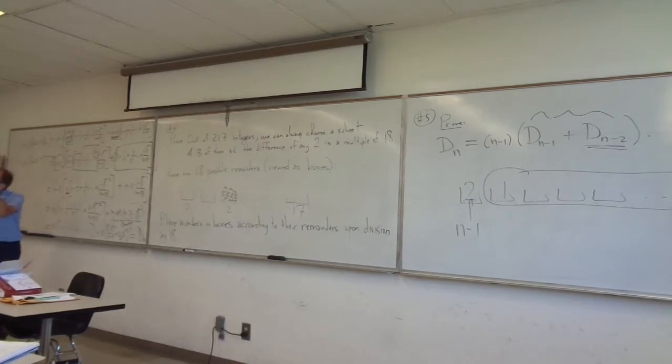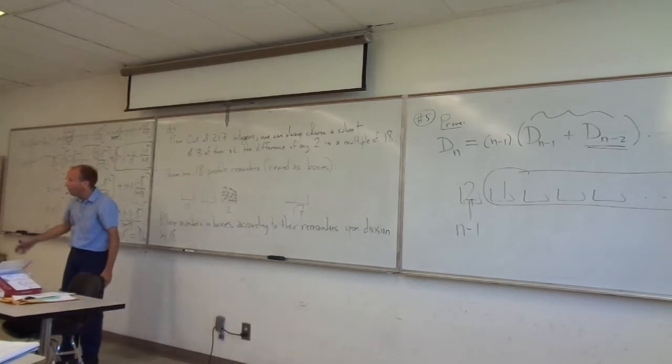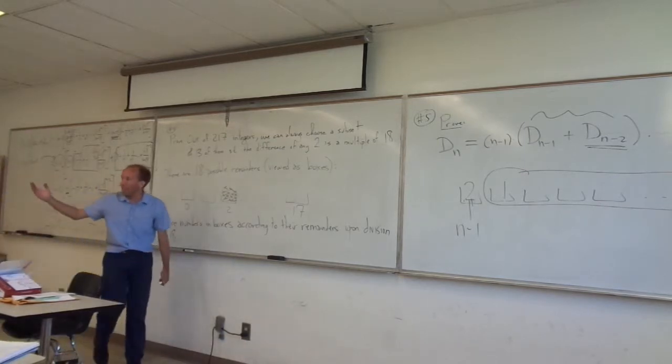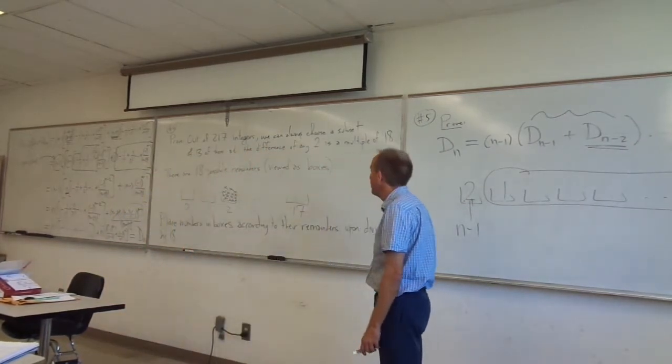If two numbers both have the same remainder when you divide by 18, then when you subtract them, you get a multiple of 18. Like 21 and 39 both leave a remainder of 3 when you divide by 18. When you subtract 21 from 39, you actually get 18. It's just a simple example.